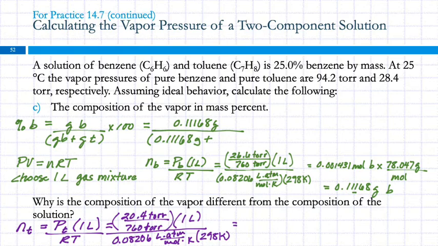I'm sorry, 20.4 divided by 760 divided by 0.08206 divided by 298. 0.00097 moles.